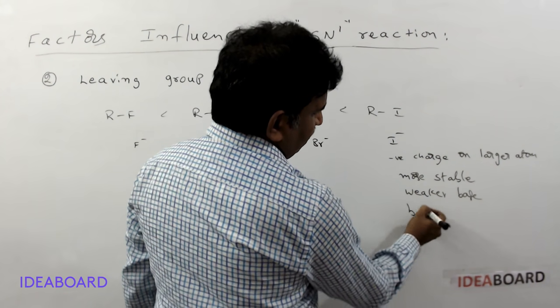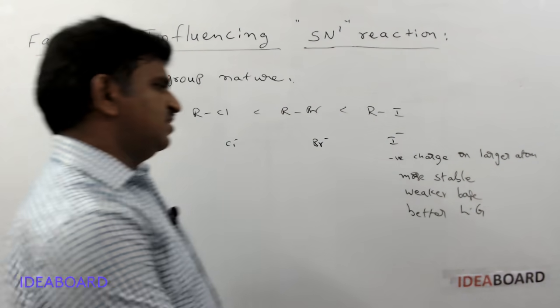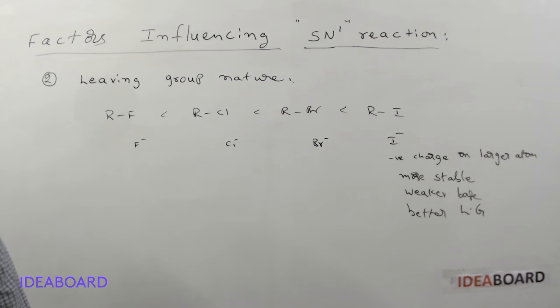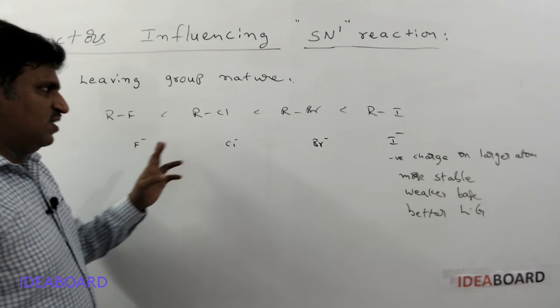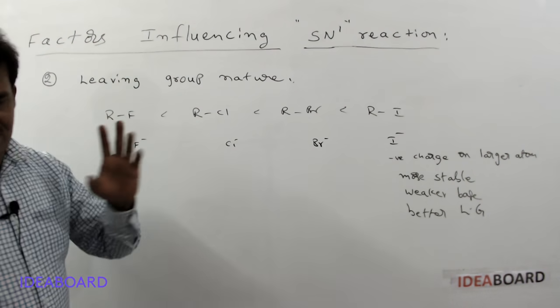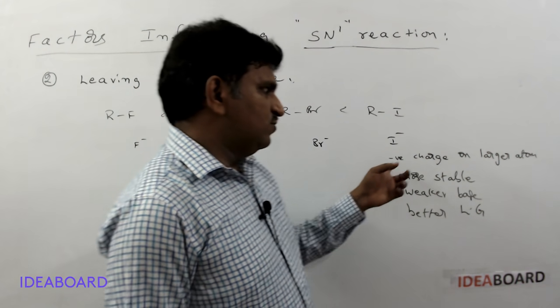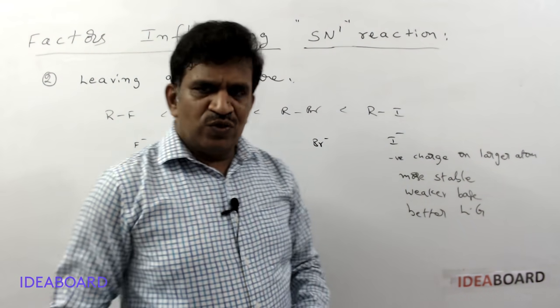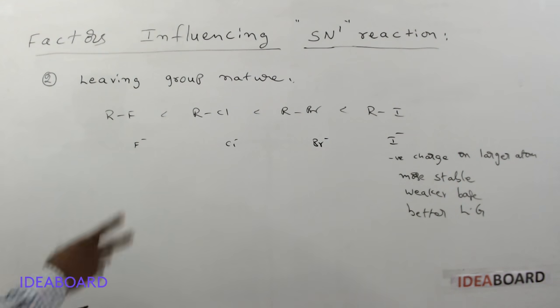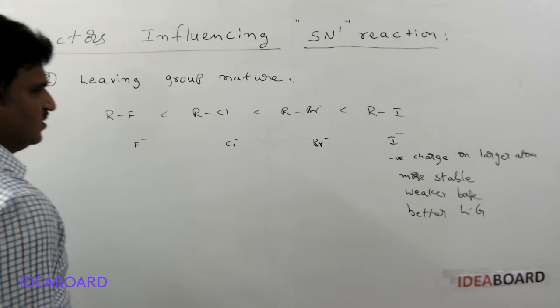So it is a better leaving group: weaker base and better leaving group. So for RF, RCl, RBr, RI, the I minus formed has its negative charge on a larger atom, so it is a more stable ion, a weaker base and a better leaving group. That is simply what we can say.